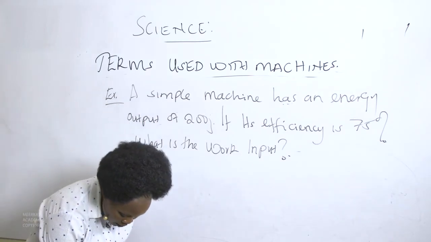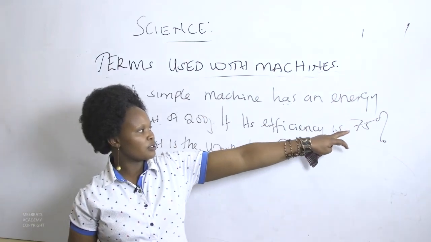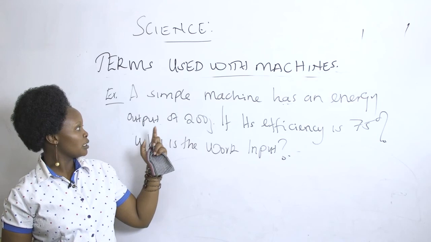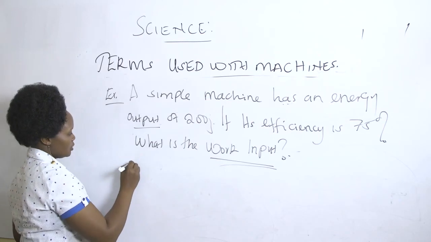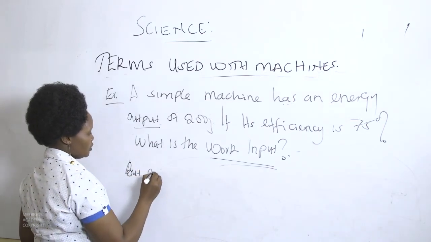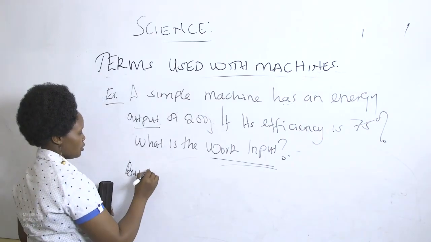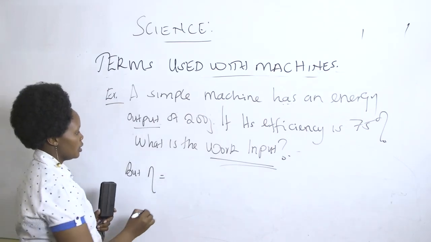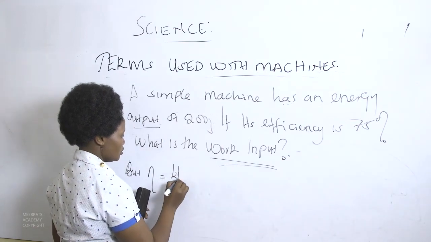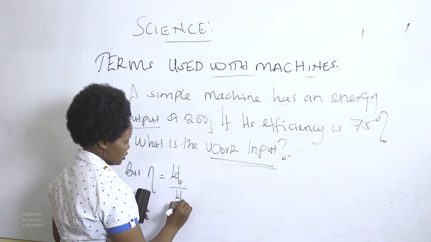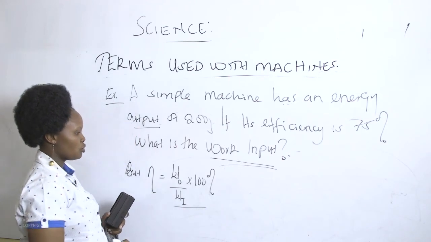Again, you realize that you have been given the efficiency and the output. Now, we are after the work input, but efficiency, or we can use the symbol this time, is given by work output divided by work input, and you express it as a percentage.